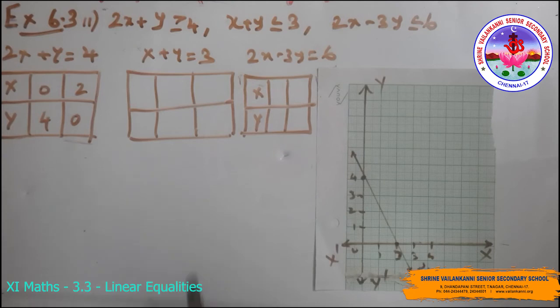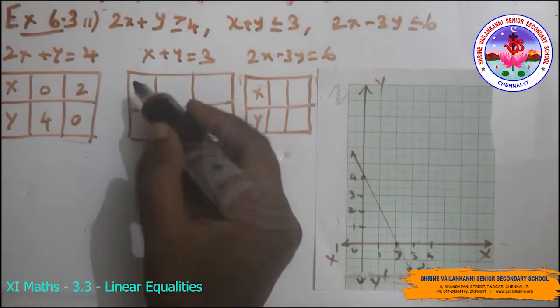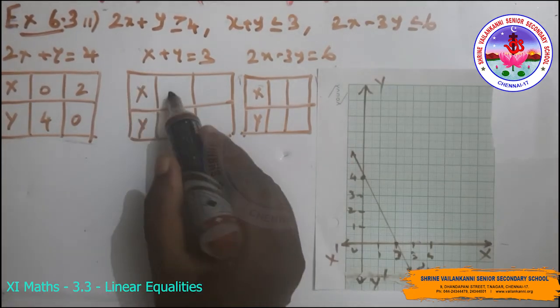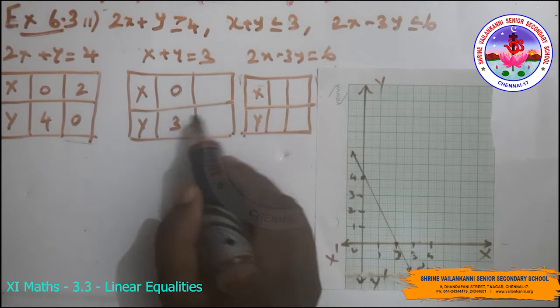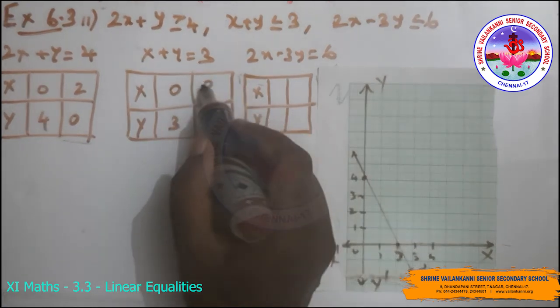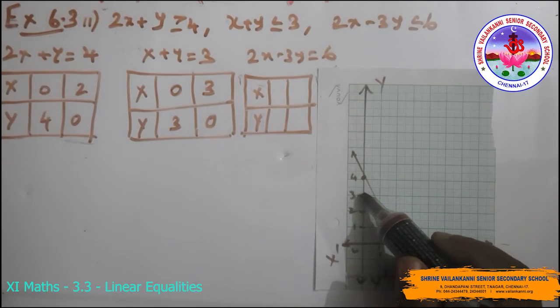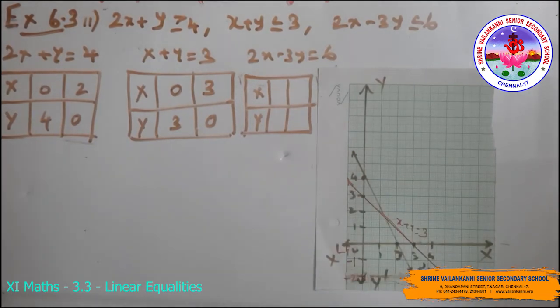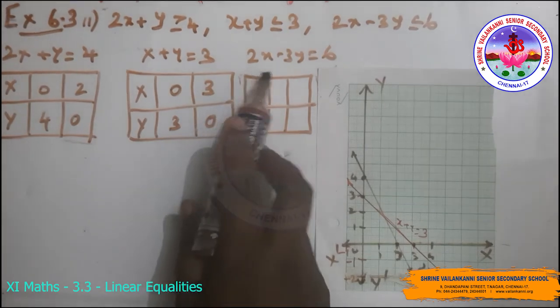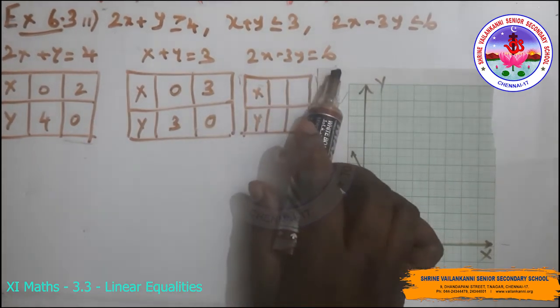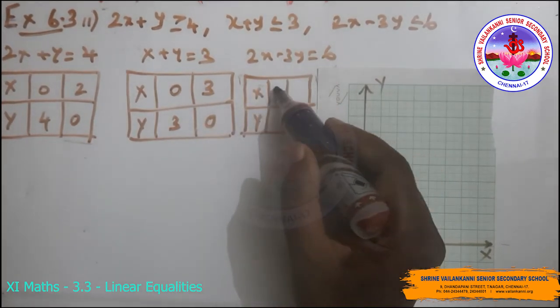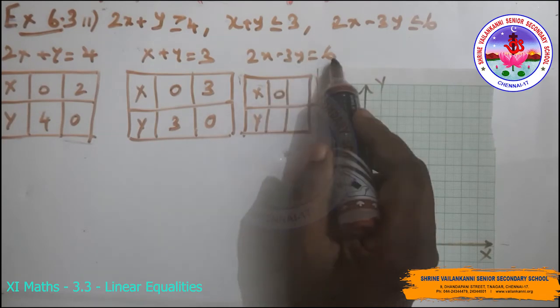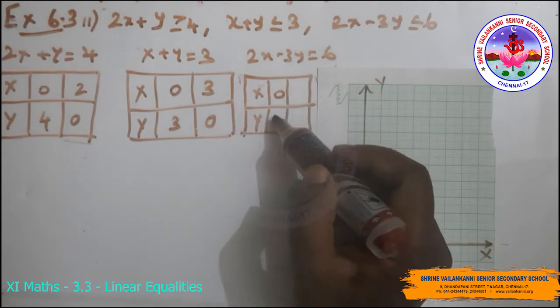So the next one, x plus y equal to 3. So when x is 0, y is 3. When y is 0, x is 3. So we have to join these 2 points. So third equation, 2x minus 3y equal to 6. So when x is 0, minus 3y equal to 6, y equal to minus 2.